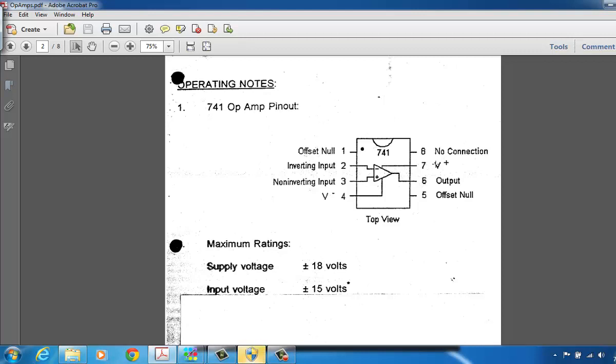You would connect the positive voltage source to pin 7 and the negative voltage source to pin 4. You have to be very careful when you're hooking up these power supplies to the op-amp chip, because if you were to accidentally, or for that matter on purpose, connect these backwards, putting the negative voltage to pin 7 and the positive voltage to pin 4, you will damage the op-amp.